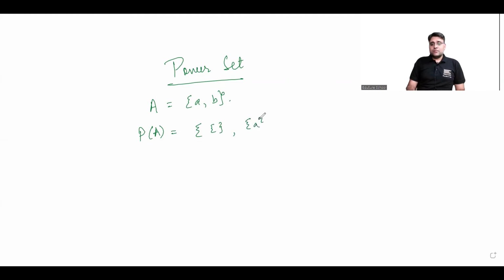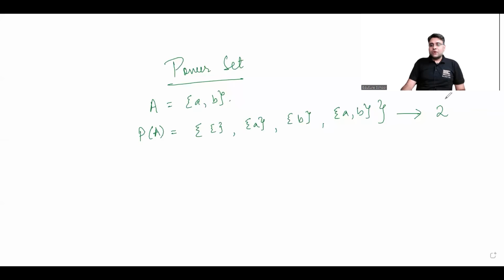Secondly, taking exactly one element out of the two elements, so I'll get two sets like that, and a set which is the set A itself.